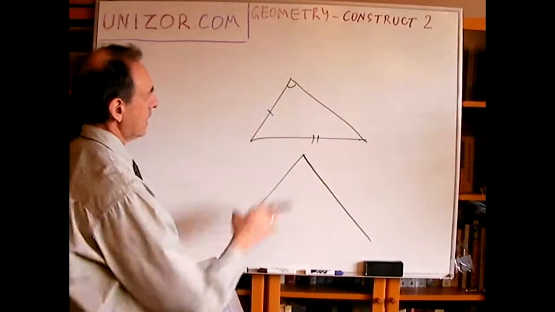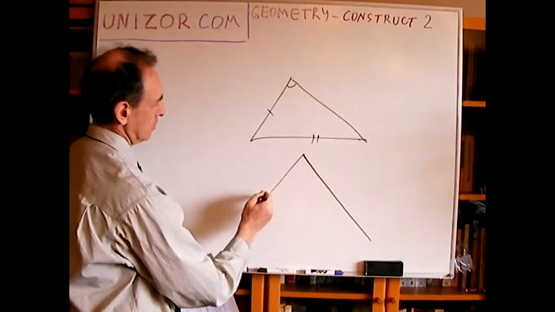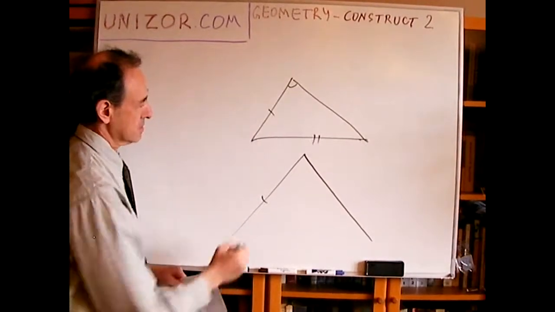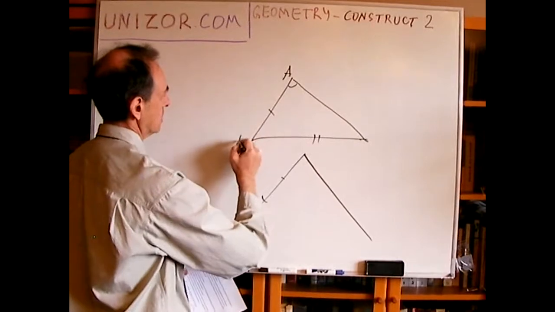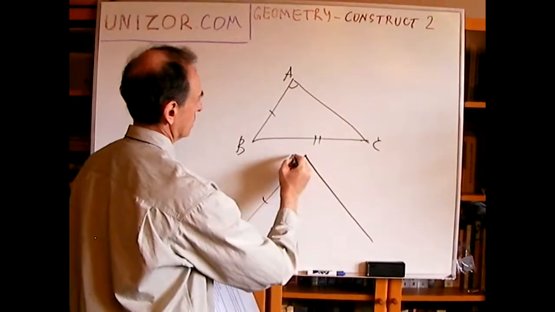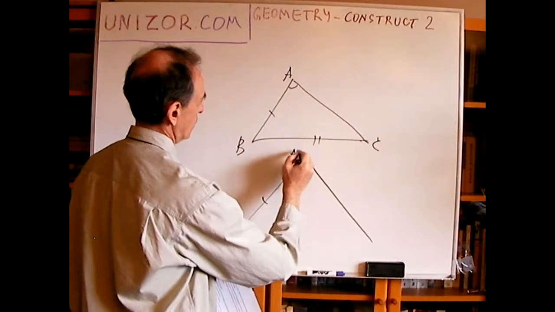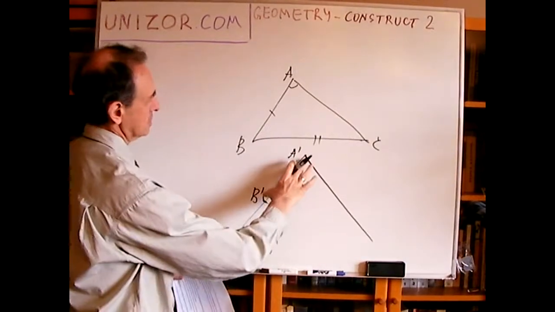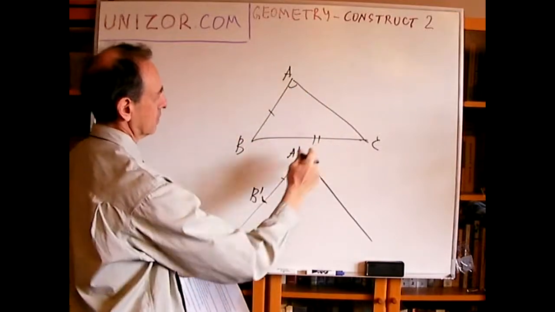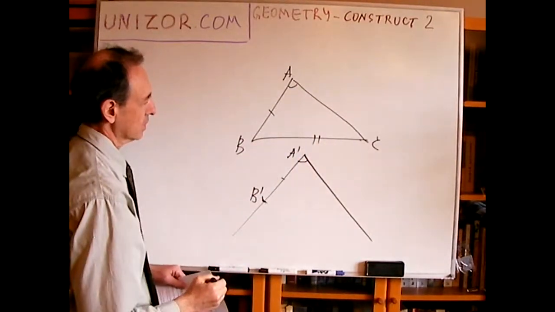Okay. Then we have a compass and we cut this particular point. So if this is A, B, C, and this is A prime, now this is B prime. So we just have an angle equal to, congruent to a given one.